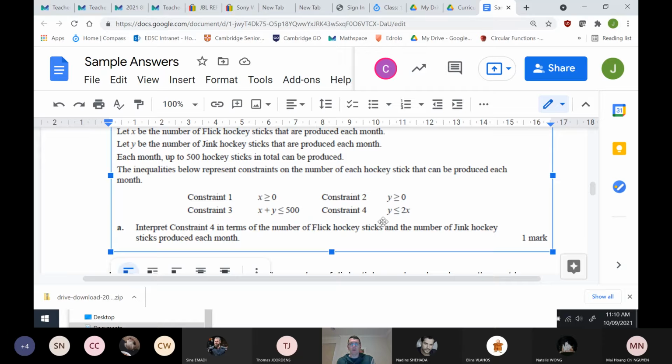What do you think constraint 4 is saying? Interpret constraint 4 in terms of the number of flick hockey sticks and the number of jink hockey sticks produced each month. This is like what we did last lesson, but the other way around. Last lesson, we were interpreting worded questions into inequalities. Now we're going from an inequality into a worded scenario.